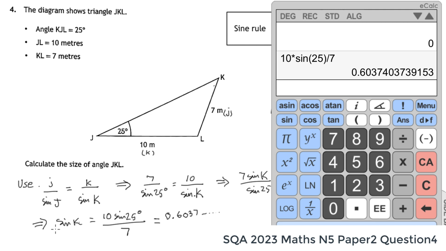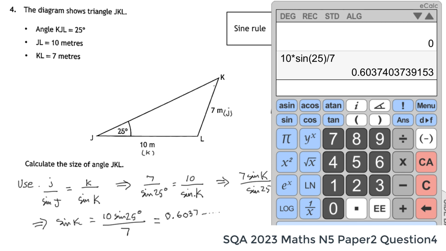So in effect we want to undo this sine just to leave K. So the opposite of the sine on the calculator, mine it's a sine, and yours it's probably sine to the minus 1, sine with a little minus 1, which you'll probably find just above the sine button.